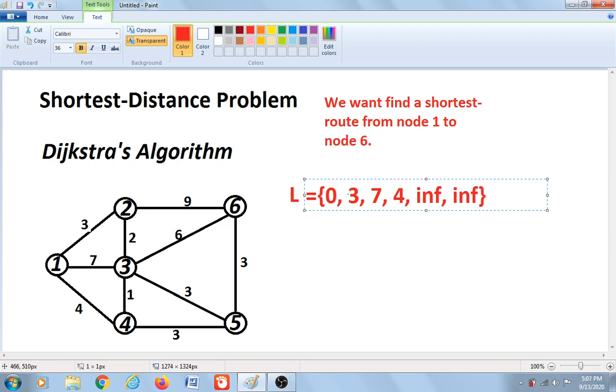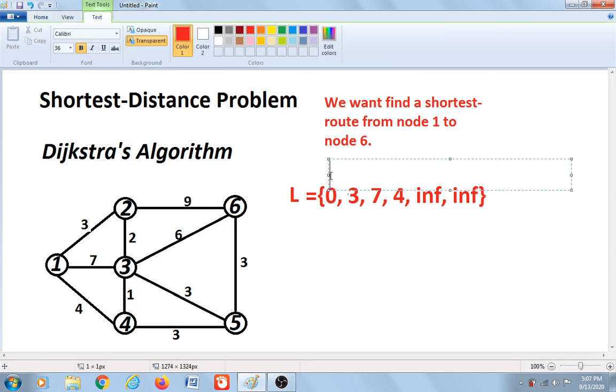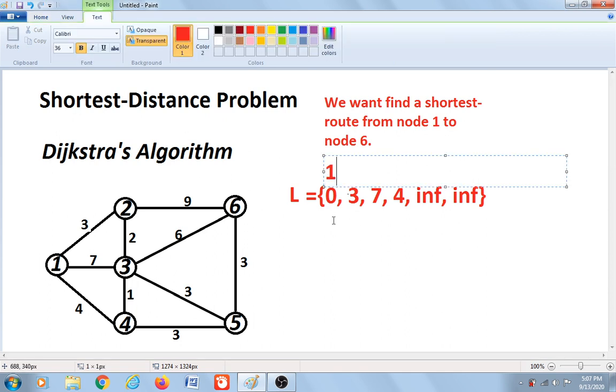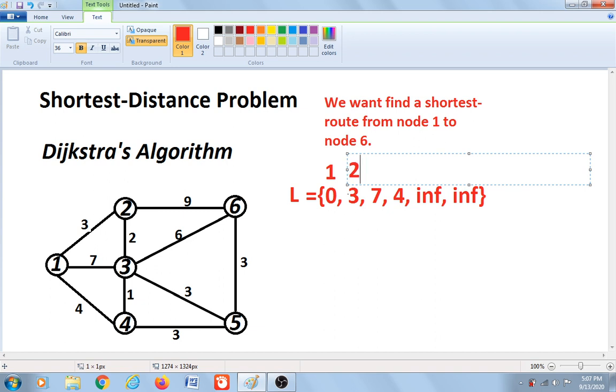So the distance is infinite. Okay, so the 0 here is for node number 1, 3 is for node number 2, 7 for number 3, 4 for number 4, this is for 5, and this one is for node number 6.